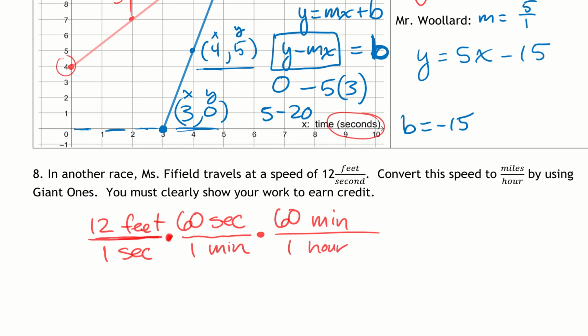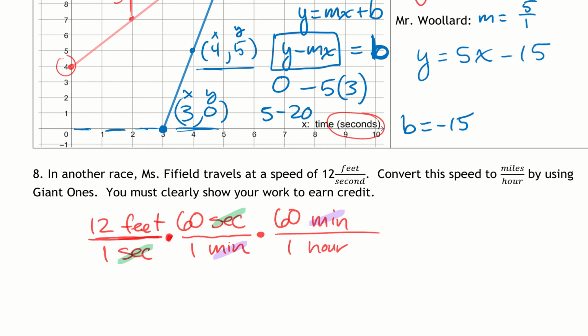That's, again, the same exact amount of time, so that's the number 1. So if I look at where I'm at so far, it looks like my seconds have canceled, and it also looks like my minutes are gone. And what I'm left with, in terms of time units, is just hours. So right now, just looking at the units, I don't know what the number is yet. I know that I have feet per hour.